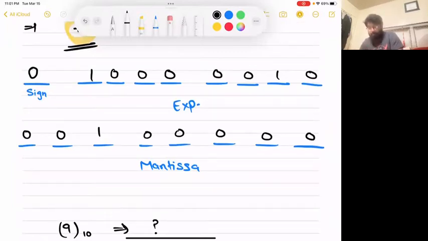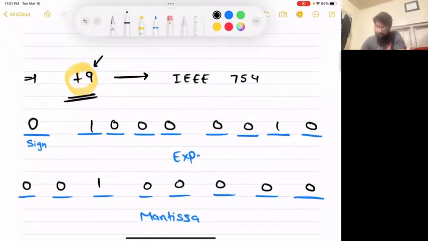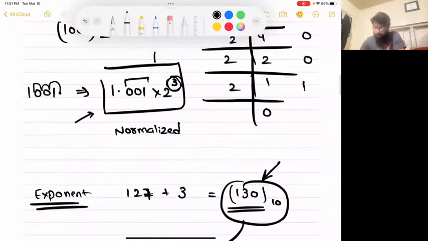For finding the exponent and mantissa, we have to convert the number to its binary form, and from binary we're going to convert that to its normalized form, which will look something like this. In that normalized form, whatever the exponent of 2 is, you add that number to 127.